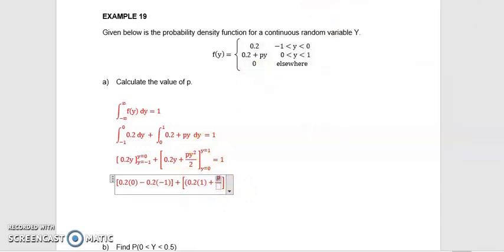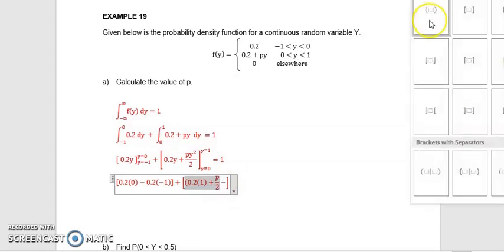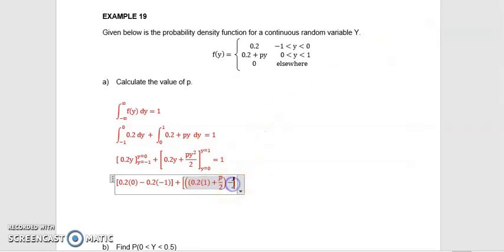Then minus, for y equal to 0: 0.2 multiplied by 0 plus 0 multiplied by p over 2 gives 0. So minus 0. The total here equals 1.